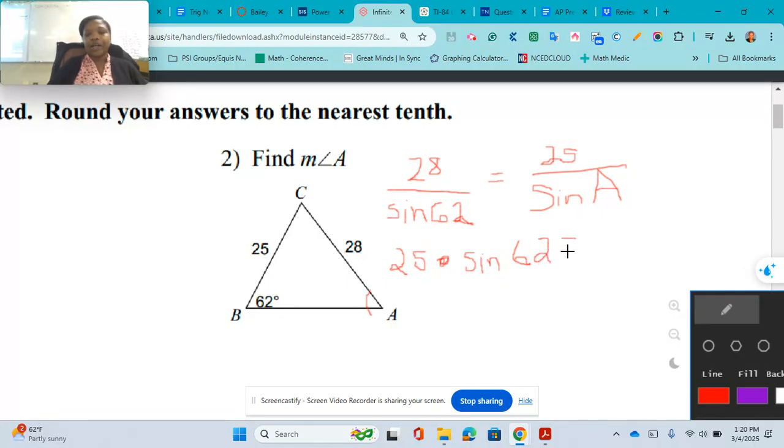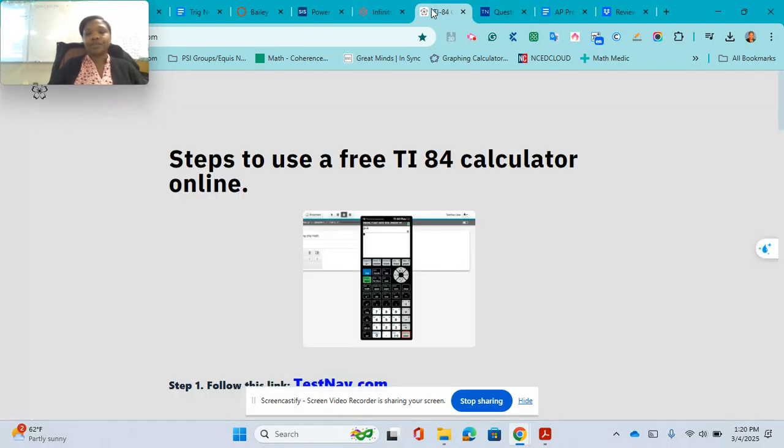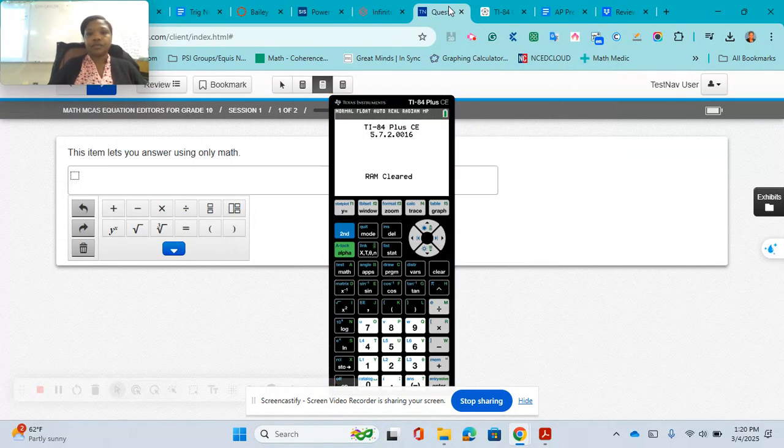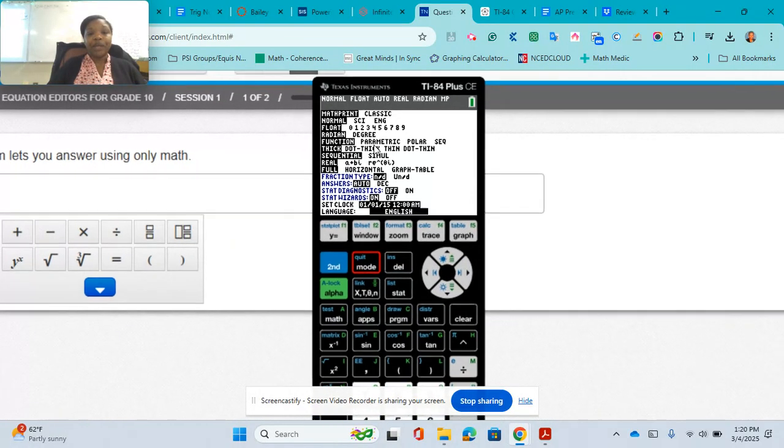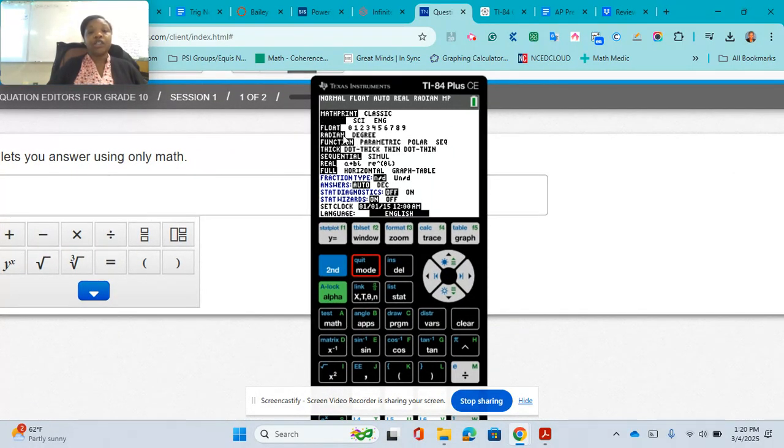Plug that into our calculators. Make sure you check your mode and make sure your mode is on degree.